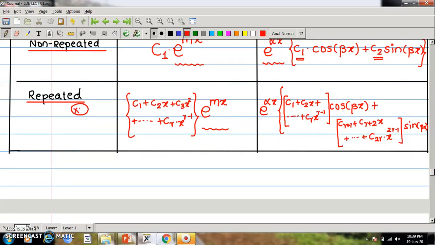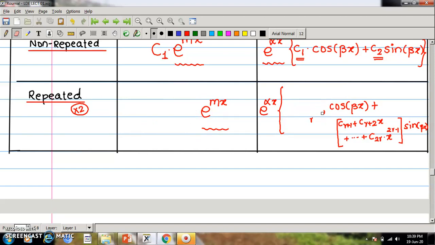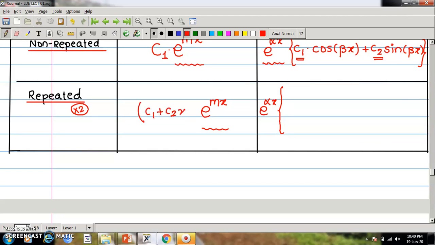Note, we consider only 2 arbitrary constants, so that will be easier for you to take a look. So we consider c1 plus c2x into cos beta x plus c3 plus c4x into sin beta x.